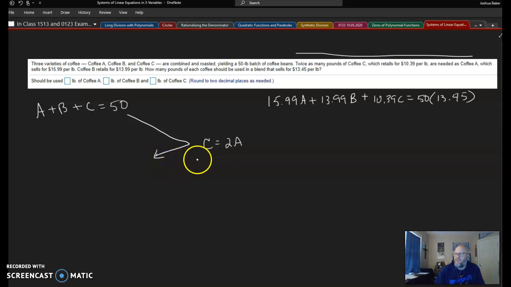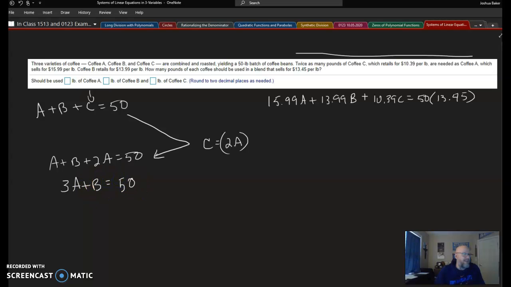We're going to combine these two things. If I substitute 2A in for C here, that's going to be A plus B plus 2A equals 50, or 3A plus B equals 50. Okay. Same thing here. 15.99A plus 13.99B.